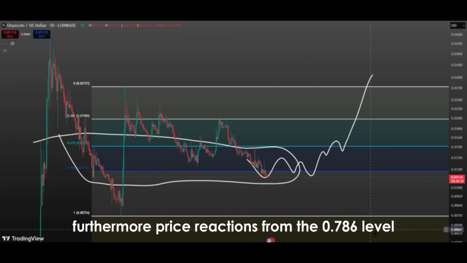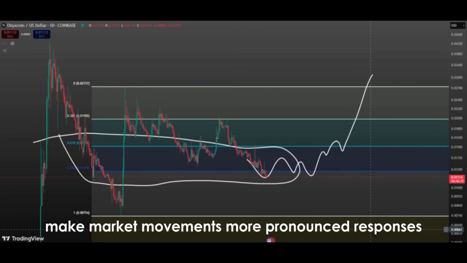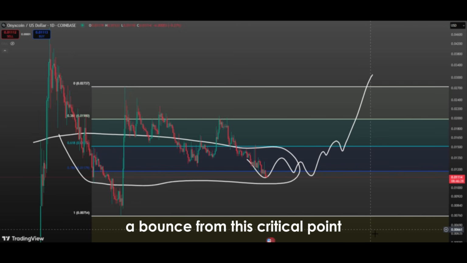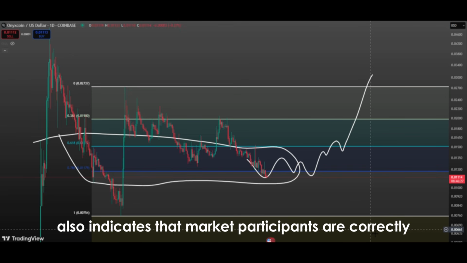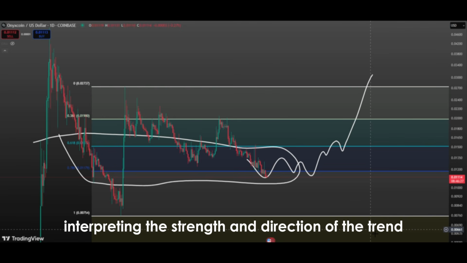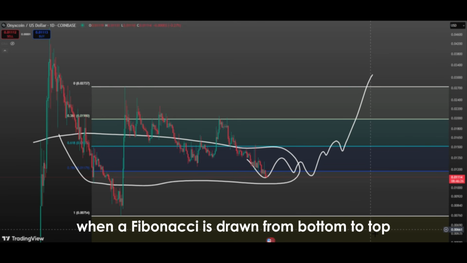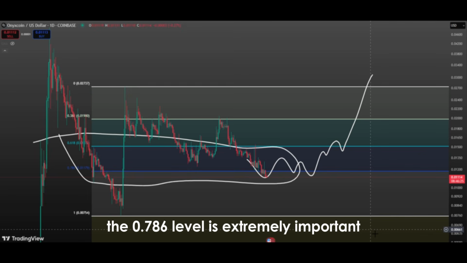Furthermore, price reactions from the 0.786 level make market movements more pronounced. Responses from this level strengthen upward momentum and help traders formulate short and medium-term strategies. A bounce from this critical point also indicates that market participants are correctly interpreting the strength and direction of the trend.